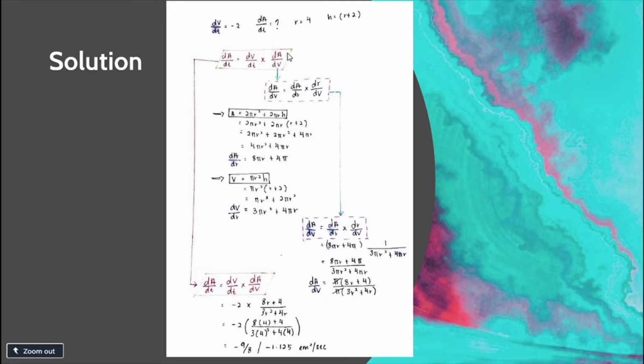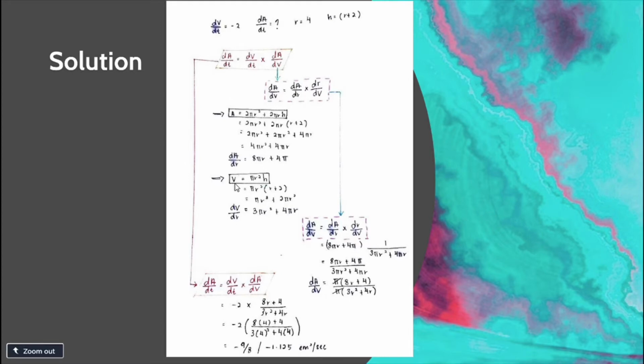In order to find dA/dV, we need to come up with another formula, which is dA/dr times dr/dV. By using the formula for area, substituting the height r plus 2, and then we differentiate, and we get dA/dr.